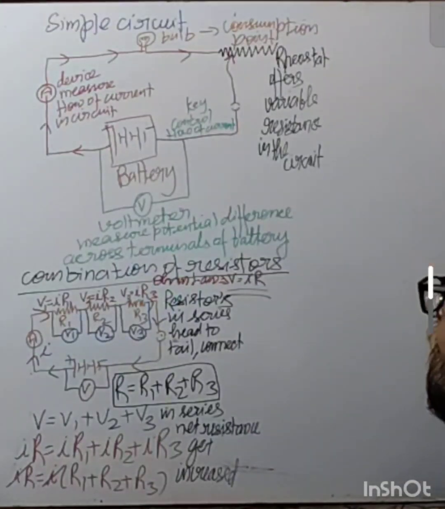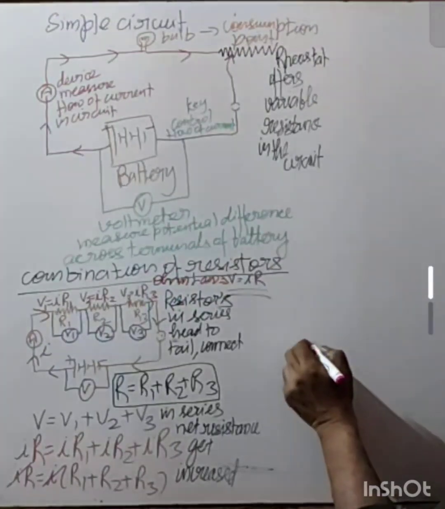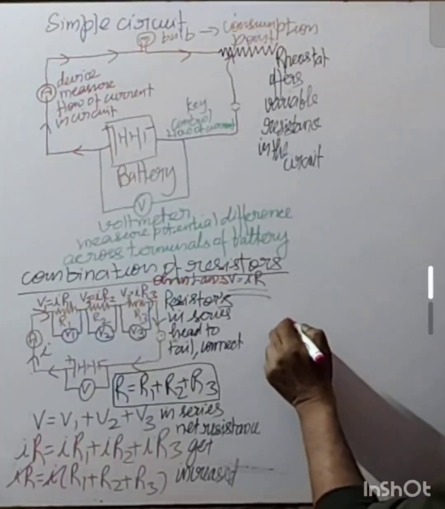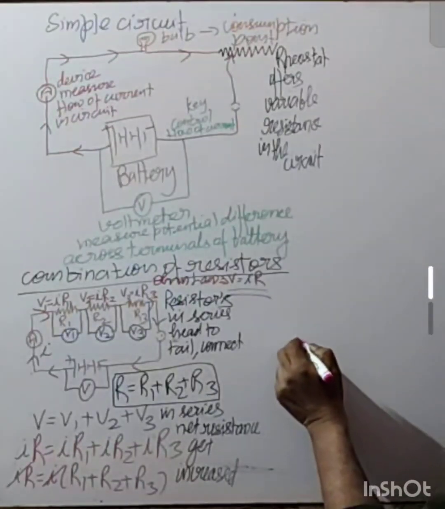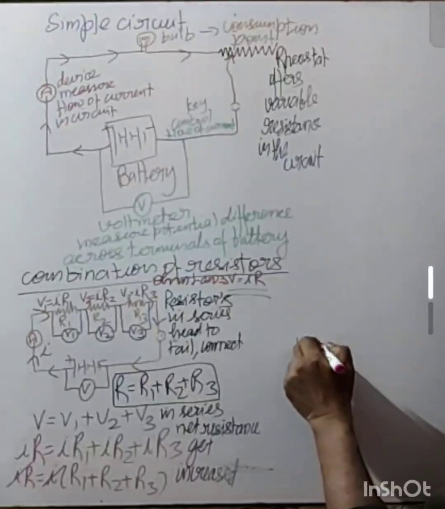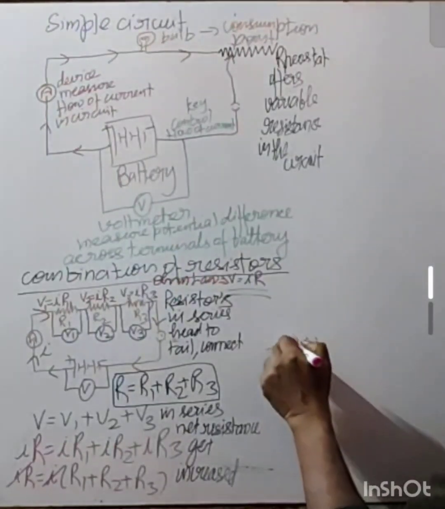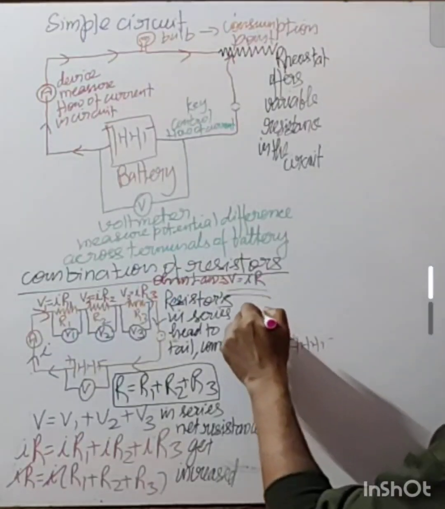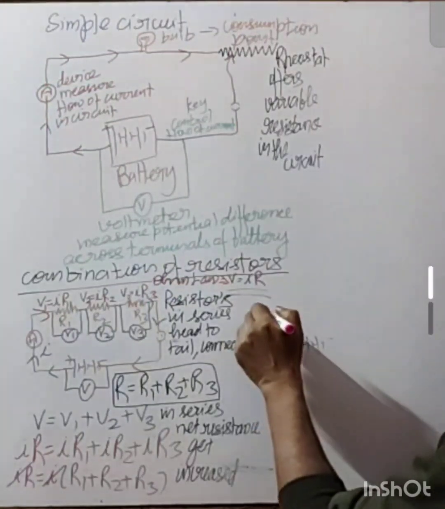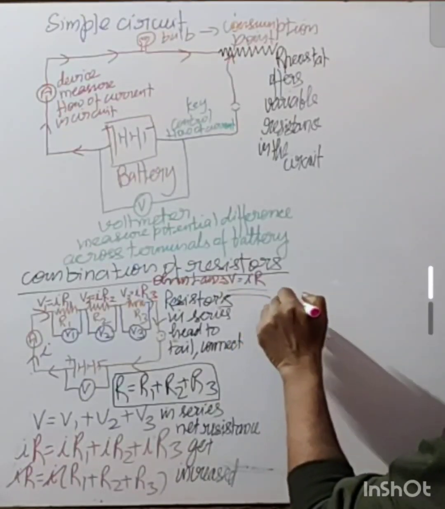Another way of combination is like this. This is positive, this is negative, this is ammeter. Current is flowing in this direction, like this, here and here.